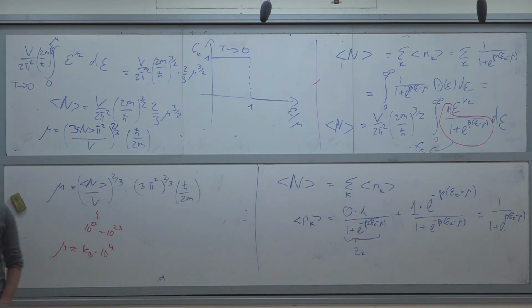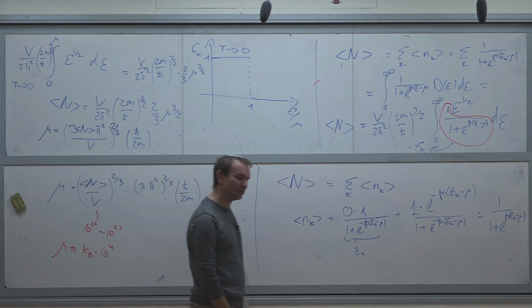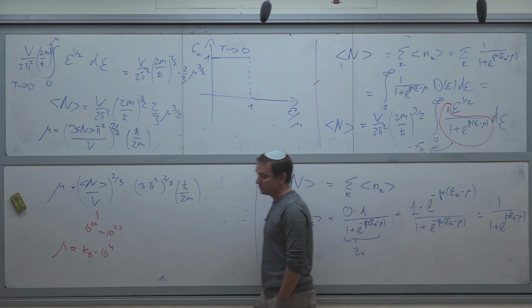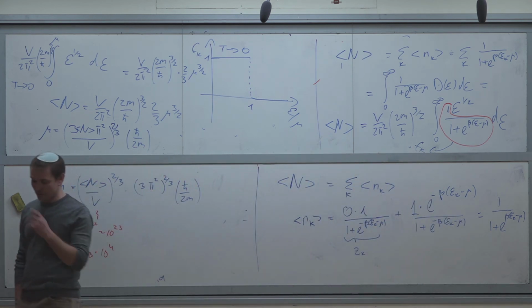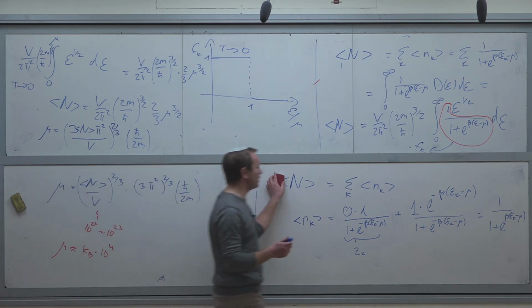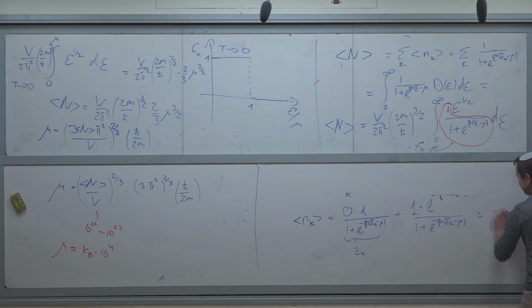So the Fermi energy is extremely large for this electron gas. Is it good or is it bad? Well, it is what it is, first of all. But second of all, remember the occupation probability that we used?